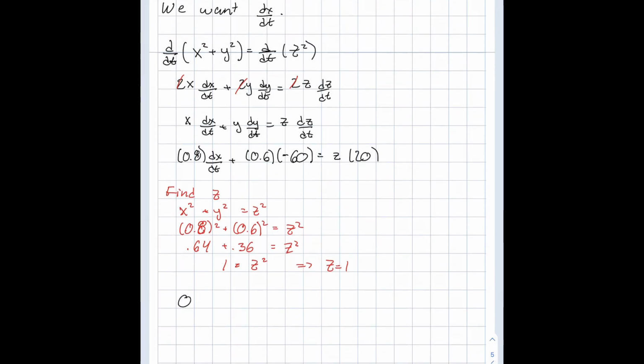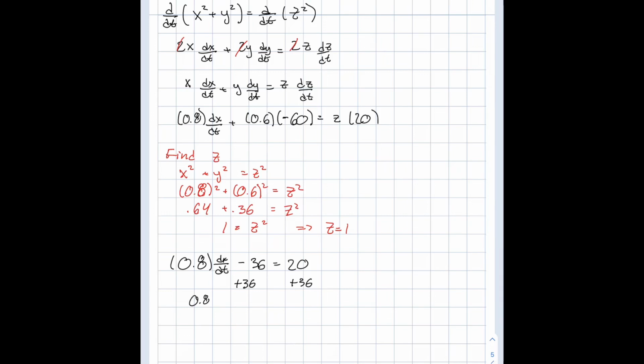So now we have 0.8 dx/dt, that's what we're trying to find, plus 0.6 times negative 60, so that's minus 36, equal to 1 times 20, which is just 20. Now I'm going to add 36 to both sides.